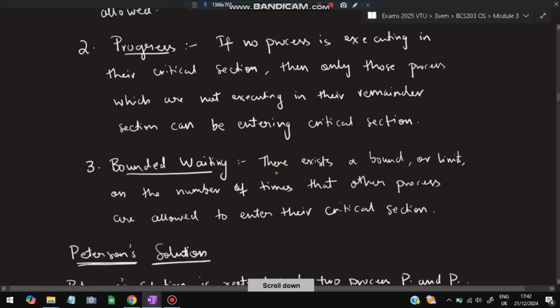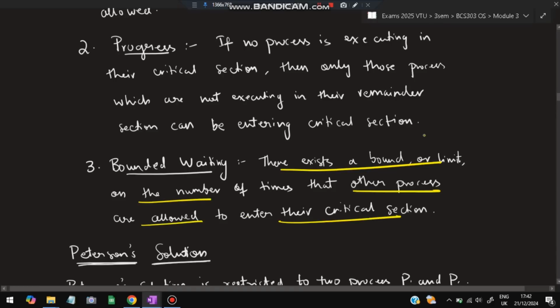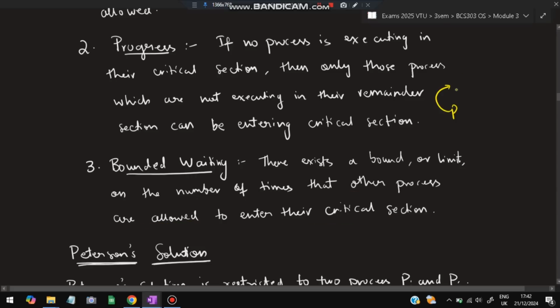Third is bounded waiting. There should be a bound or a limit on the number of times other processes are allowed to enter the critical section, so there should be a limit on how many times one process can enter before any other process has entered. For example, P1 entered the critical section, it got over and came out; again P1 can't go. Some other process has to go and execute, and then only P1 can go.